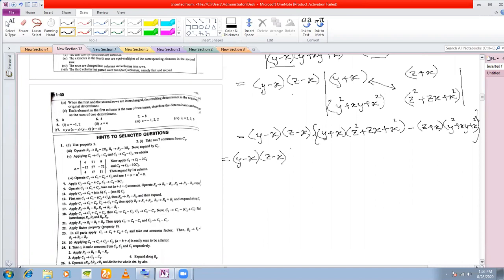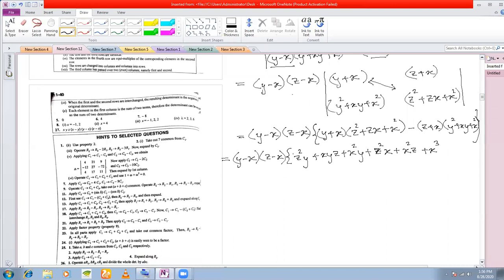Z minus x into, you have got z square y plus xyz plus x square y plus z square x plus x square z plus x cube.